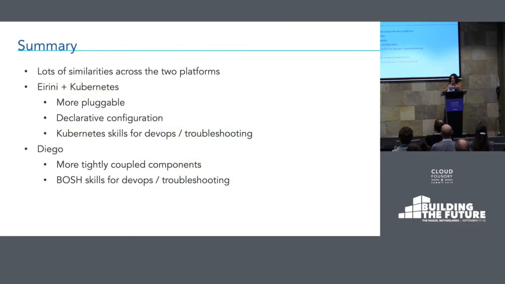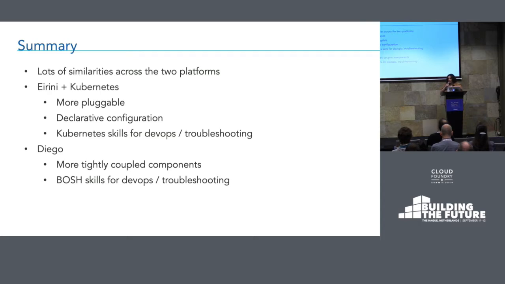So in summary, like Nima said, there are lots of similarities across the two platforms. There are slight differences in how certain things get accomplished, but by and large, they're solving very similar problems, and they're sometimes doing it in very similar ways. In general, Kubernetes is a lot more pluggable. You can choose what container runtime you want. You can modify the scheduler if you want.